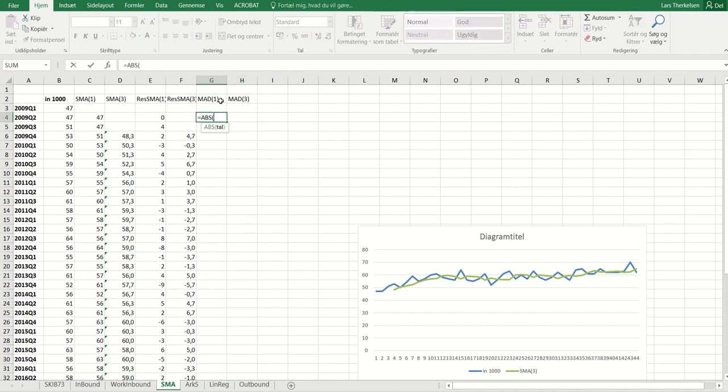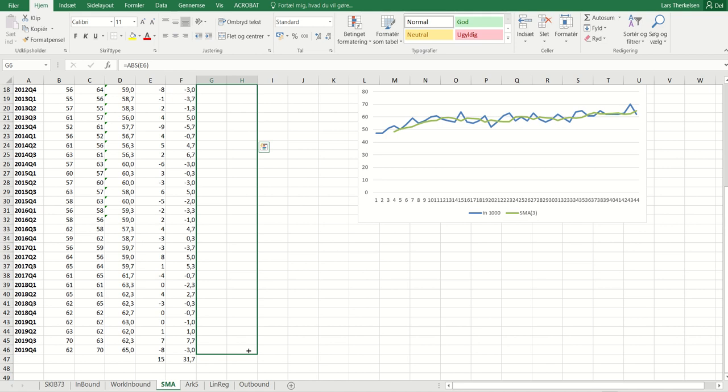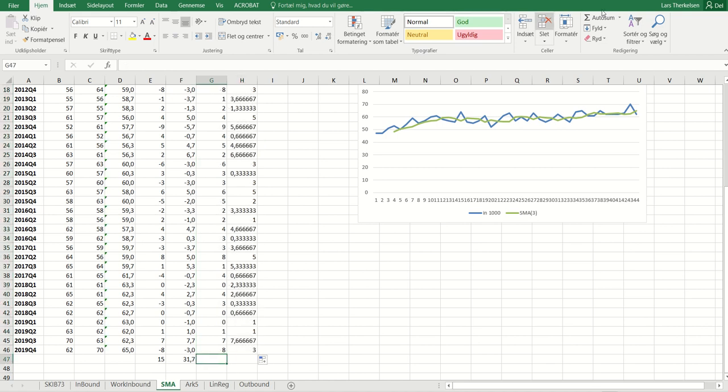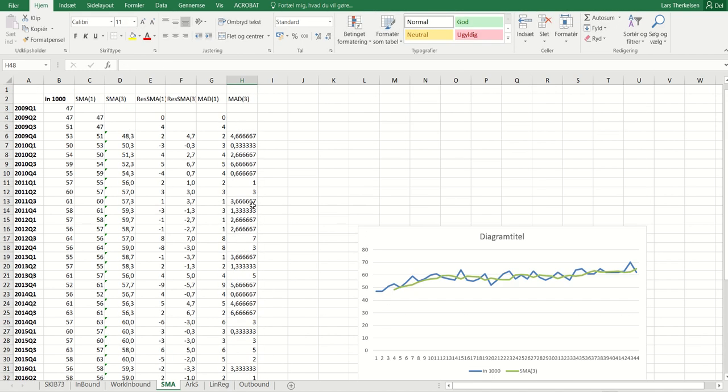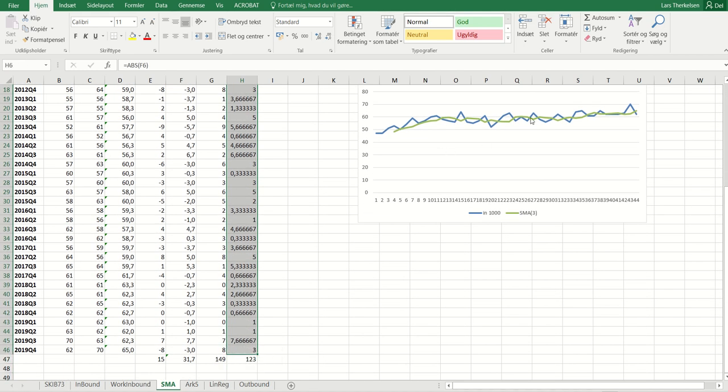Equals ABS of this, and the ABS of this one, absolute values. We're going to copy them down and add them up down here. See what we got. 149 and 123. You see the absolute values are smaller on the moving average 3.